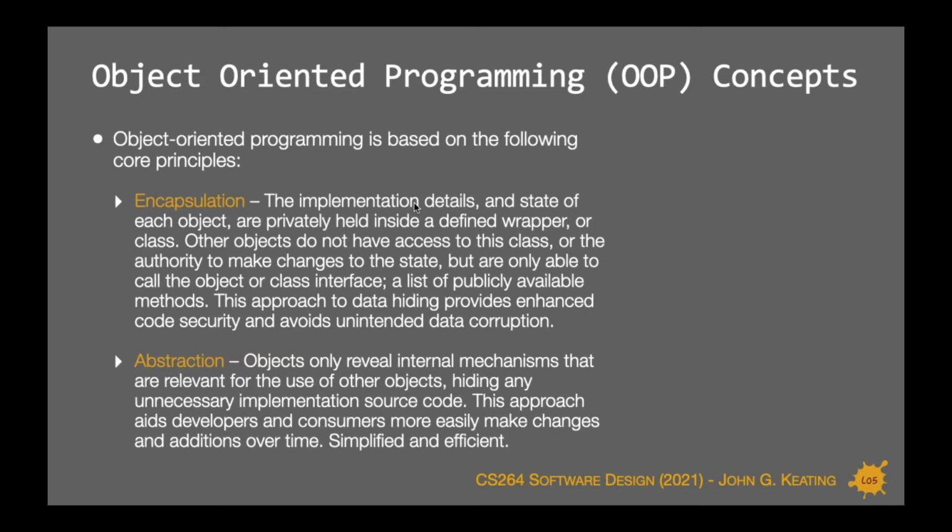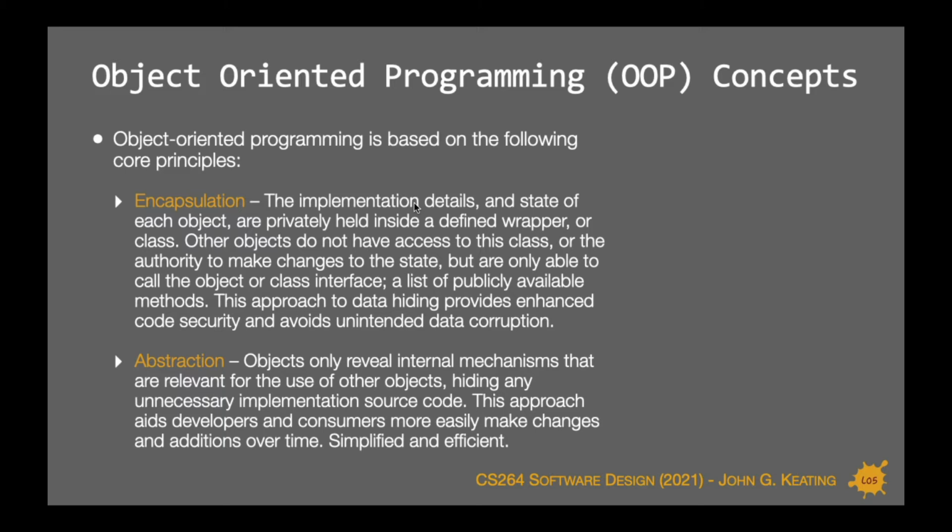So OOP is based on some really core principles, okay? And we'll go through this quickly because you know this, but encapsulation is really the core aspect. So that means that the implementation details, the state of the object, they're privately held inside some wrapper, which is the object itself, okay?